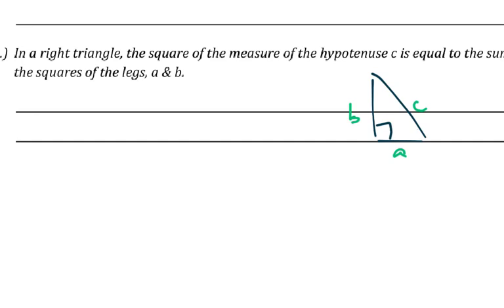In a right triangle, the square of the measure of the hypotenuse, so that means I have to take the hypotenuse, which they've given us as C, square it, is equal to the sum of the squares of the legs.